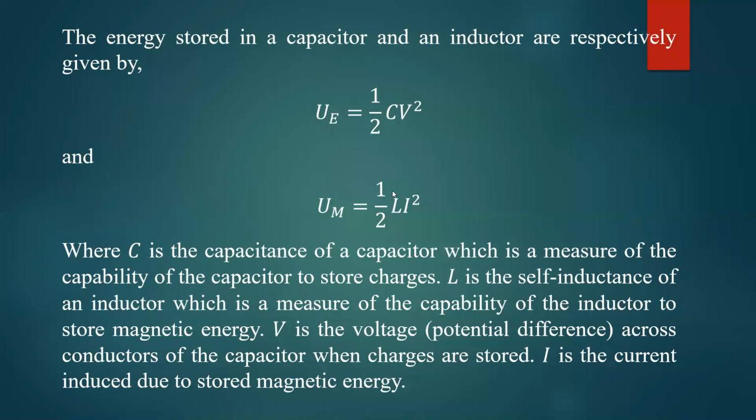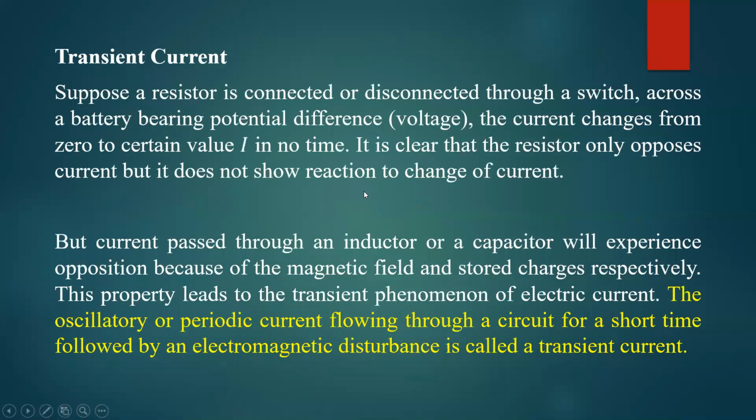Okay, next. So transient current, what do you mean by transient current? You will see. Okay, basically when you connect a resistor to a battery, if you switch on the battery, the current in the resistance becomes a steady value. If you laboratory study ಮಾಡಿರ್ತಾರೆ, when you connect a resistor, when you connect an ammeter, if you switch on the battery, ammeter needle goes to a steady value suddenly.